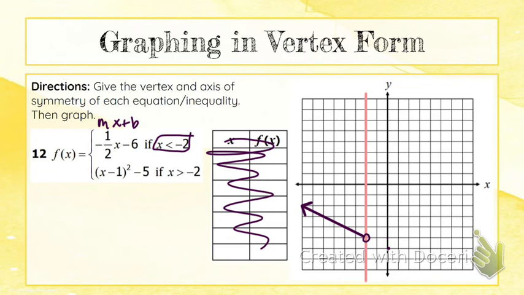The second part is this parabola. And you can definitely use your calculator again. My vertex is going to be at 1, -5. We learned how to do that before. So if I go right 1 and down 5, I've got a vertex here. So that's 1 point that I can use.